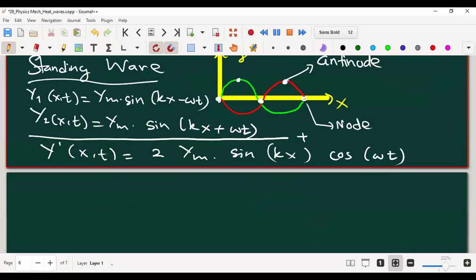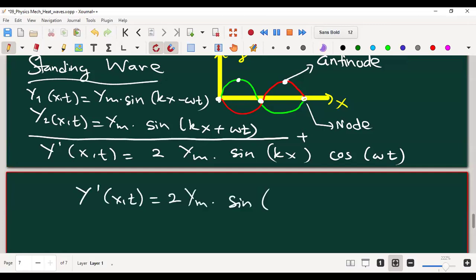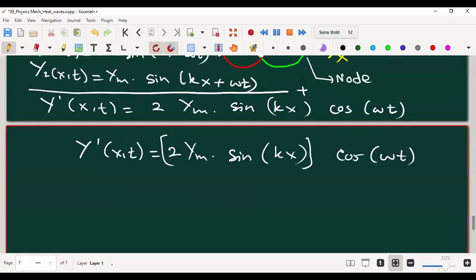So we can conclude that y prime is equal to 2ym sin kx cos omega t. This one is the displacement.